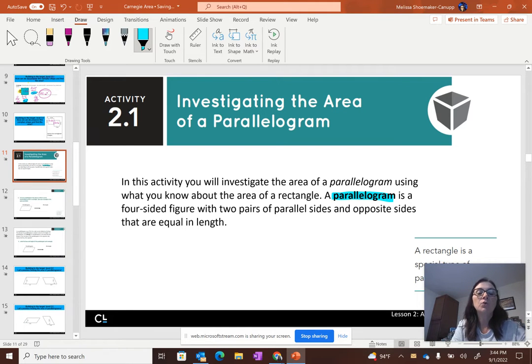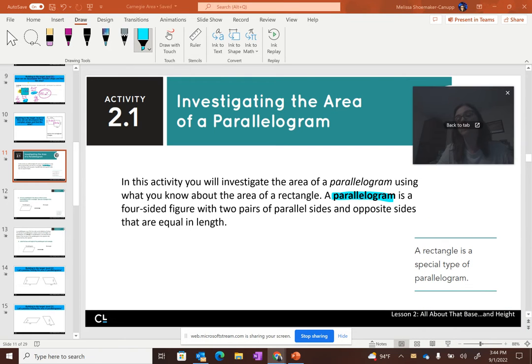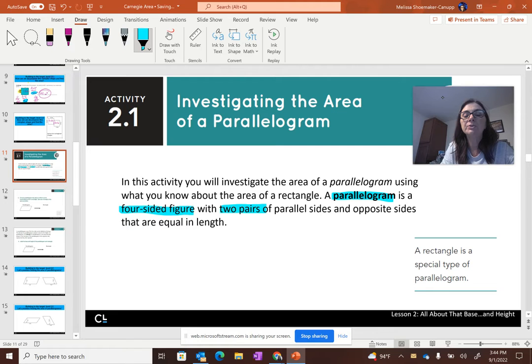Okay, so we have to first remember what makes a parallelogram a parallelogram. It's a four-sided figure with two pairs of parallel sides, and opposite sides are equal length. This is a lot of words we've got to think about.